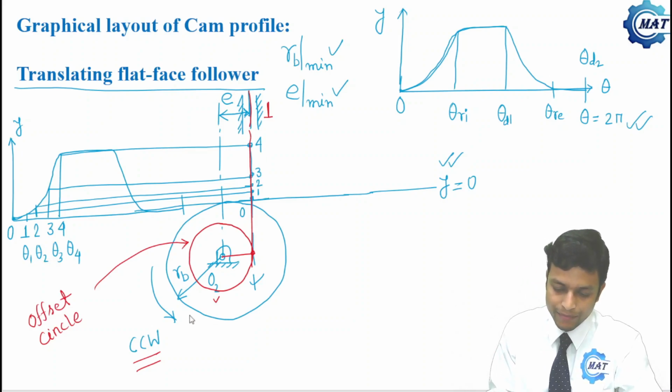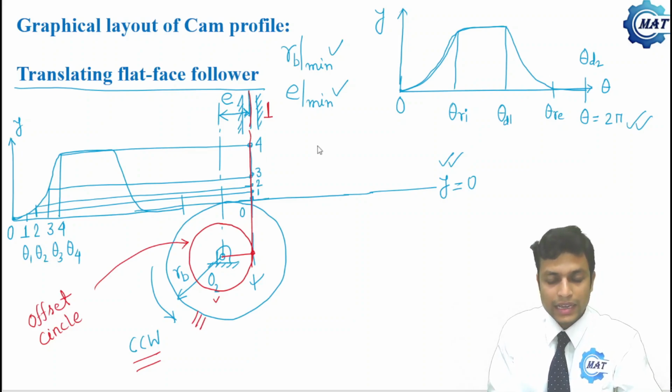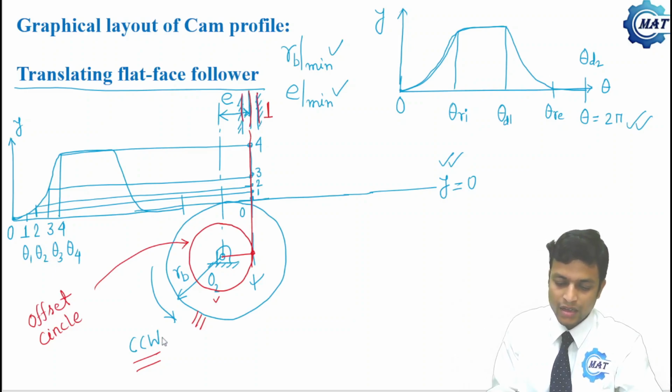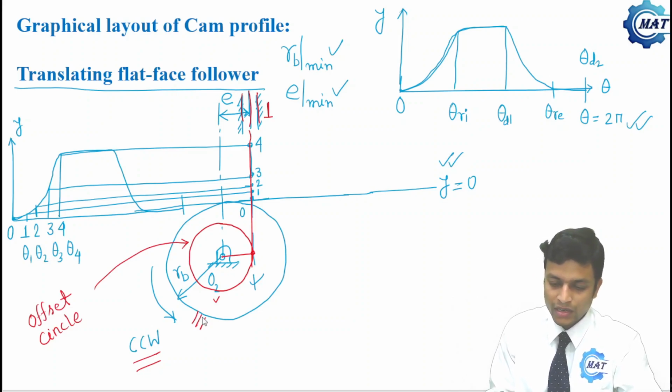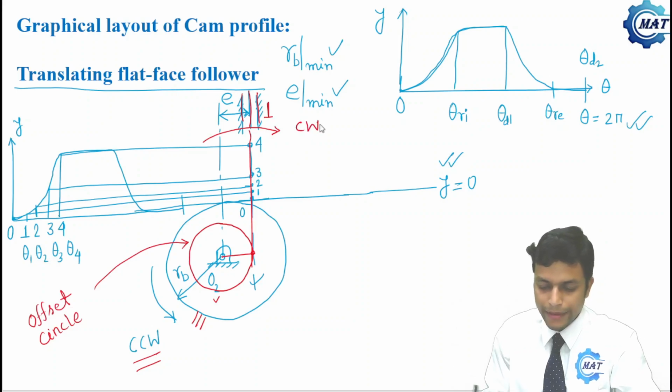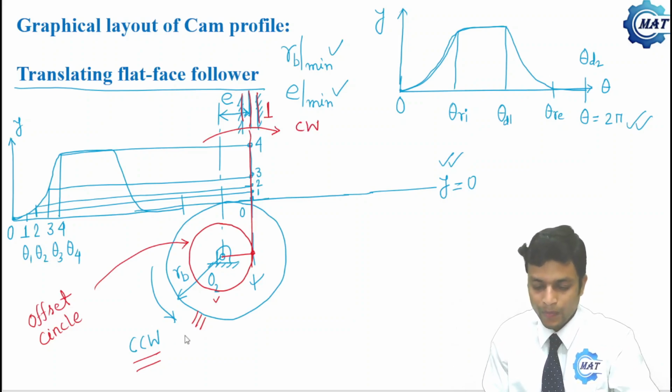We'll fix the cam, and rotate the follower axis, or this guide, opposite to the cam rotation with the same angular speed. That is, we will rotate this follower axis in clockwise direction with the same angular speed as the cam.